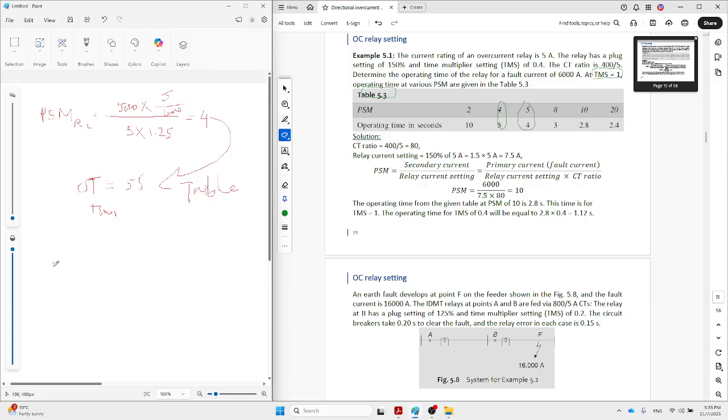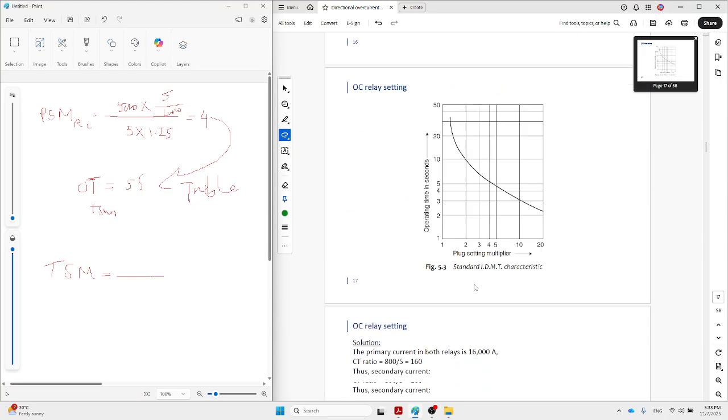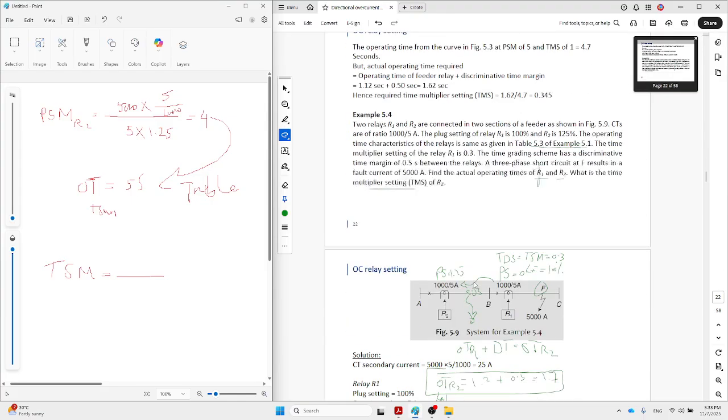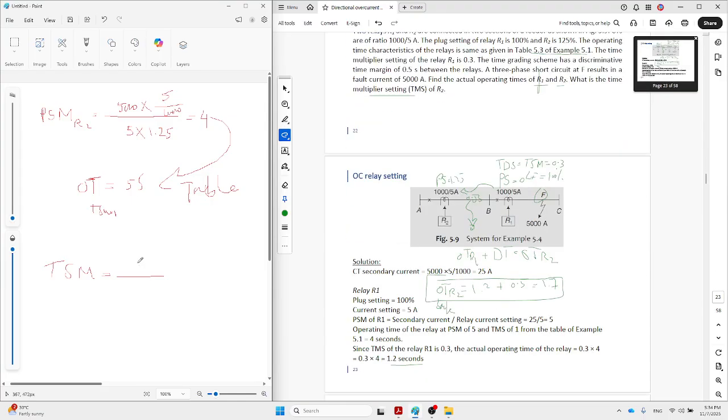So to calculate TSM, the given value, the calculated value here, is 1.7, I think. The real one, yeah, 1.7.